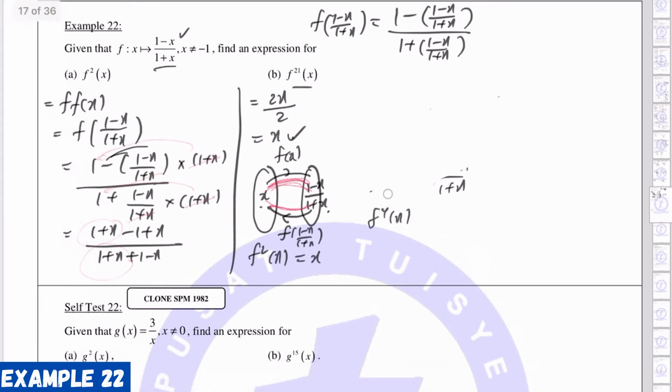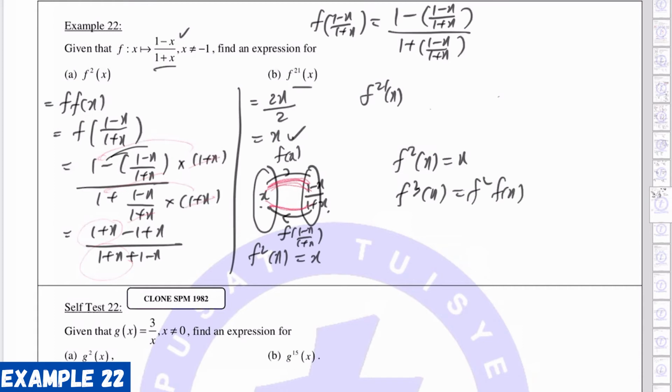Okay, so the way you write your answer, you can write it this way, f21x. Although it's a big number, we know this is an odd number, and every time you get to f2x, you get the x. So if I give you, let's say, f3x, you need to think f2 fx.